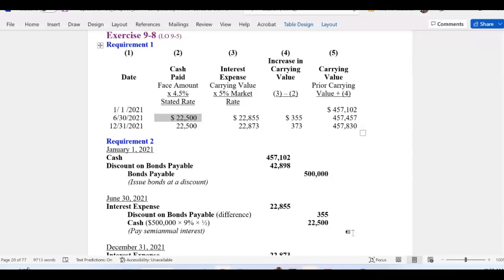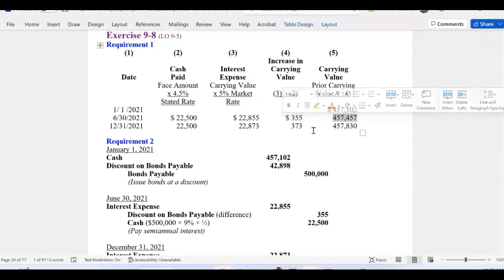That is the moment the bond is due, has matured, and 500,000 has to be paid to close the bond at maturity. So this 457 needs to become 500. So this 355 needs to be added to this carrying value, and it becomes 457. Another time it will be added, and added and added all the way to become 500,000, which will be 20 years from now, 40 periods.